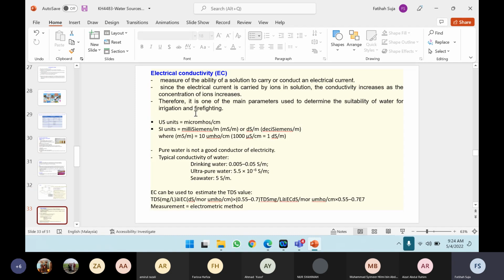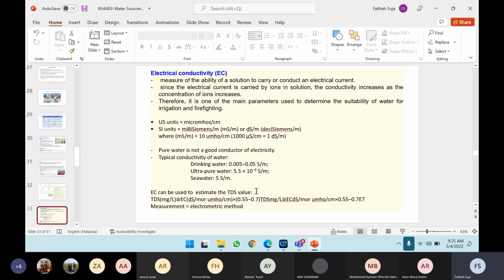Okay. And then electrical conductivity. What does electrical conductivity mean? It measures the ability of a solution to carry or conduct an electrical current. Since the electrical current is carried by ions in solution, the conductivity increases as the concentration of ions increases. So EC can be used to estimate the total dissolved solid value.